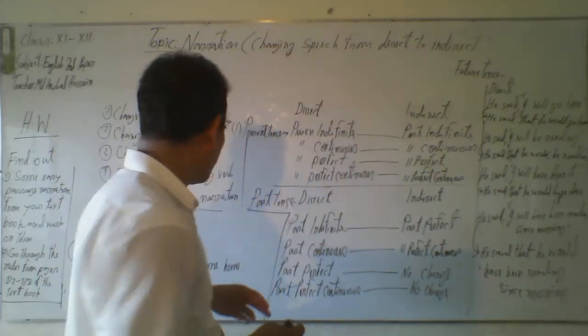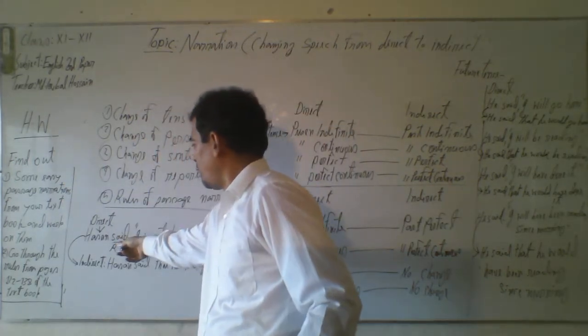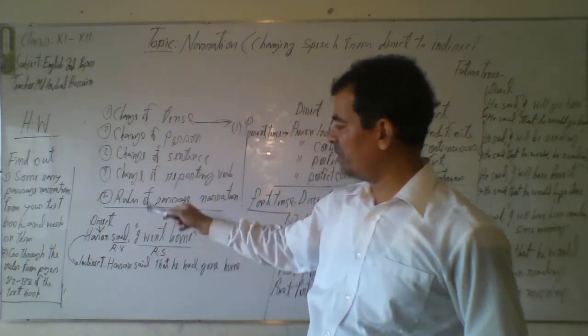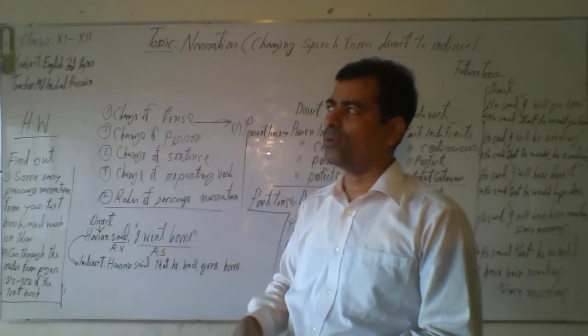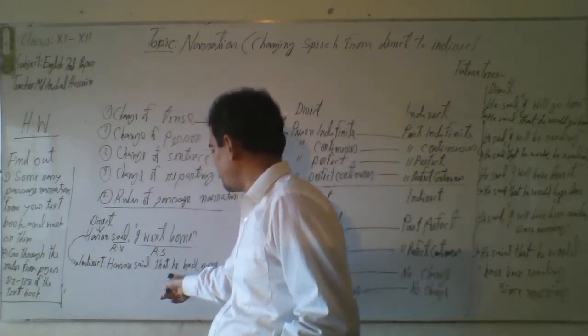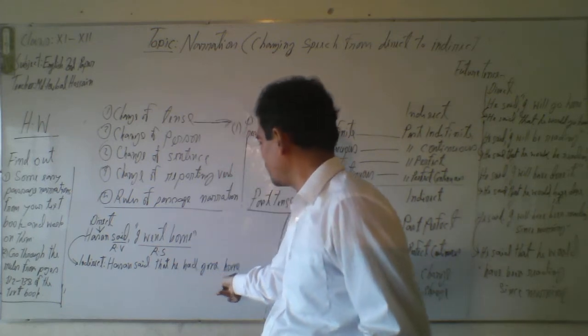Here you see in direct narration, Hassan said, "I went home." When I have changed it into indirect narration in my own words, I have written: Hassan said that he had gone home.